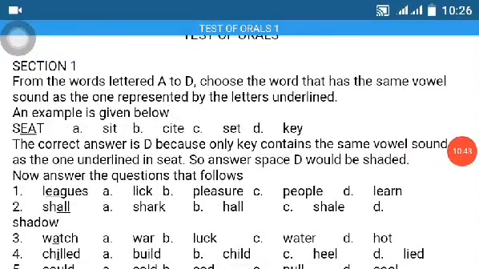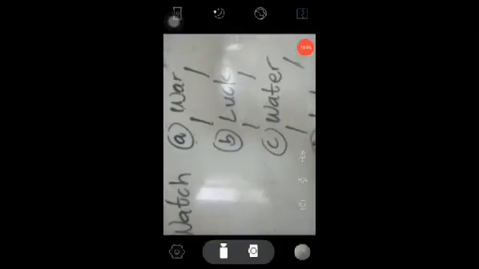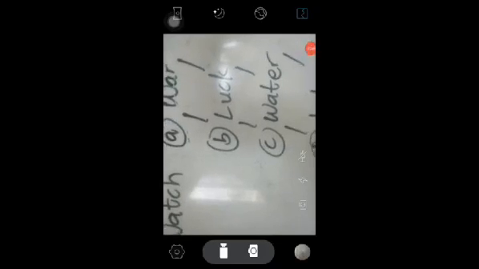So now we are on the explanation marker board and we are looking for the sound here. So here we go. Now letter W sounds W and letter A here sounds O, and TCH as a digraph sounds ch. So now let's go to the options.